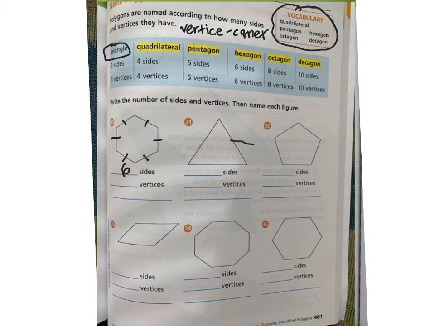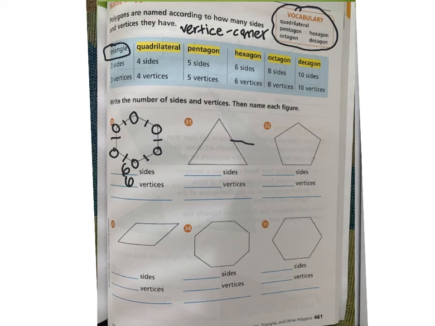Okay, so I'm going to go ahead and circle 1 corner, 2 corner, 3 corner, 4 corner, 5 corners, 6 corners. Okay, you're going to see a pattern that often when you count your sides, your vertice numbers should be the same, hint, hint, okay?